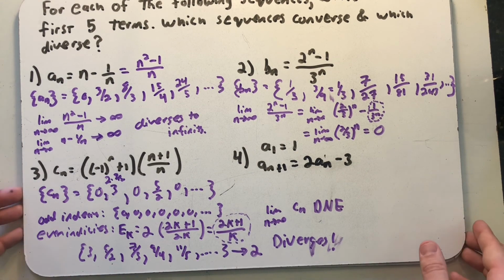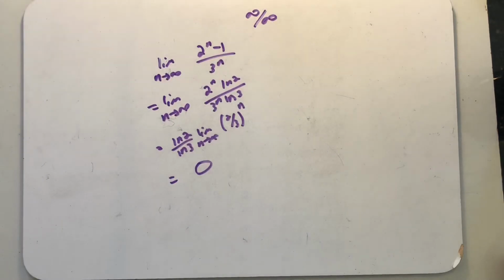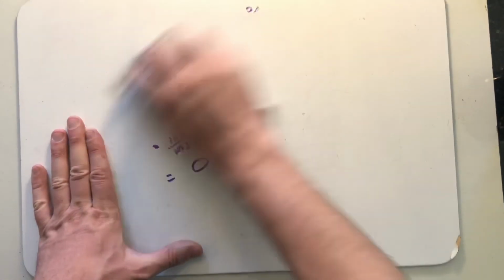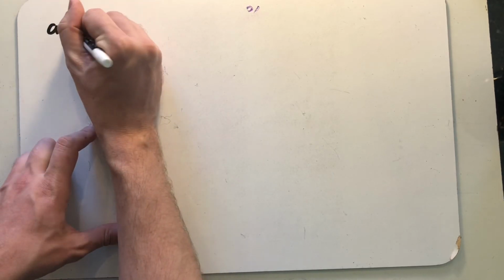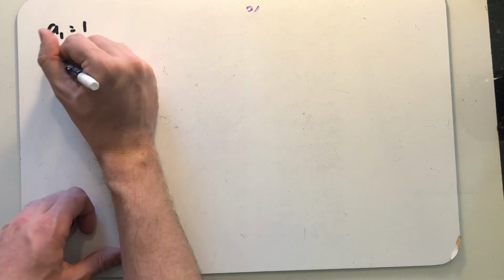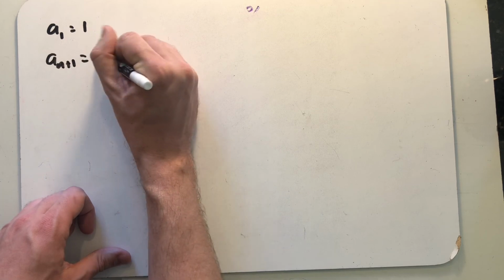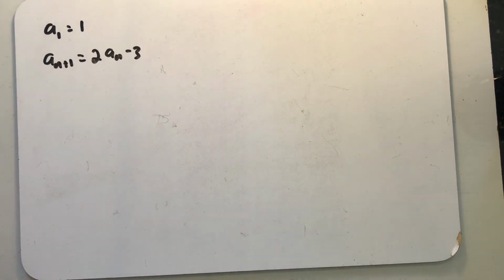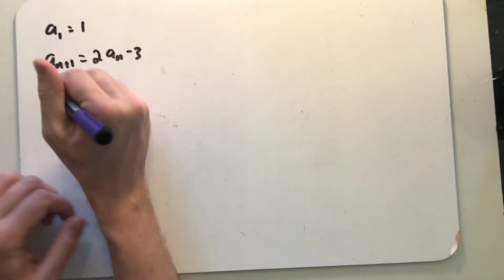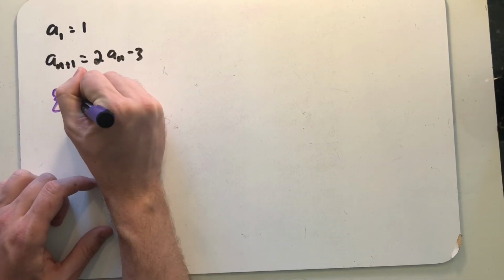Let's just move on to another board and explore this sequence. So the first term was 1, and every next term is always 2 times the last term minus 3. Let's write out the first 5 values of this sequence. So this sequence appears to be called a sub n.